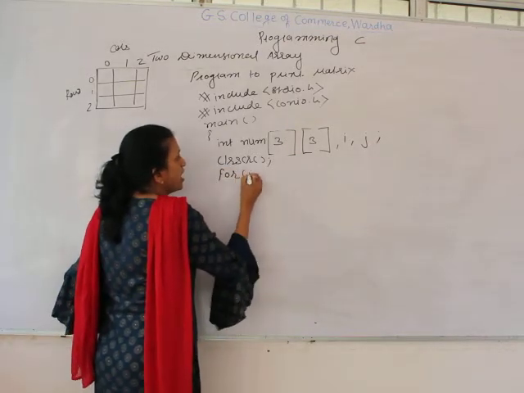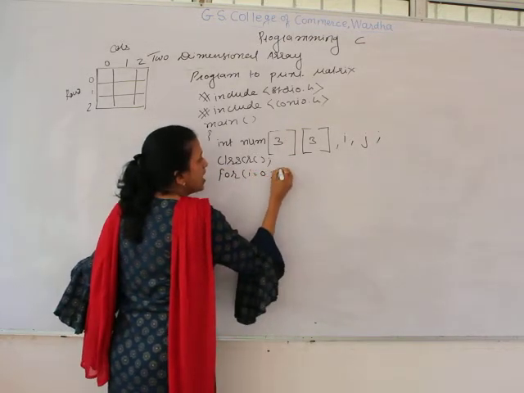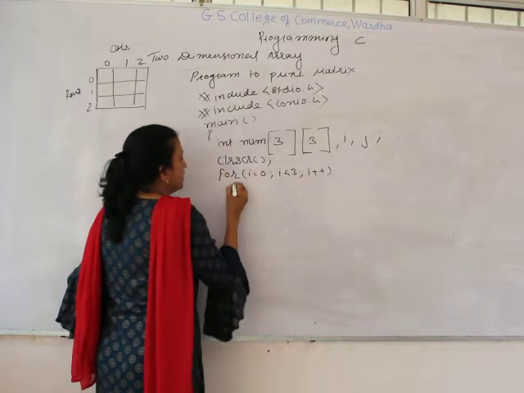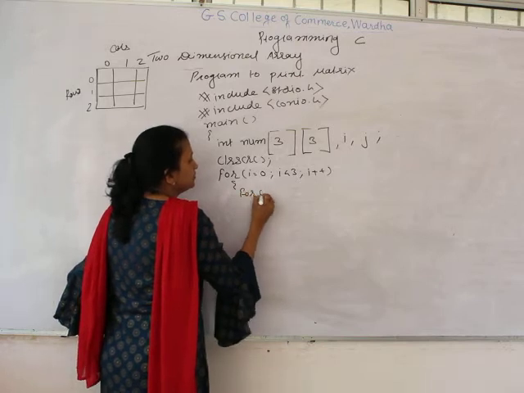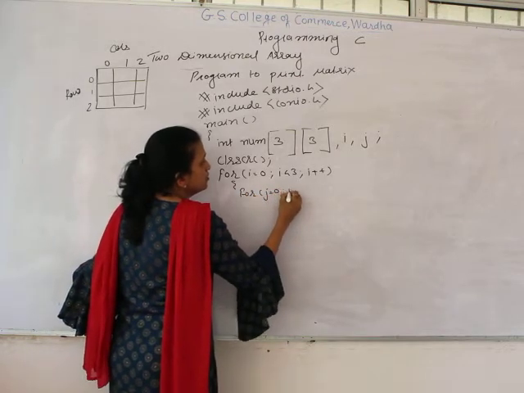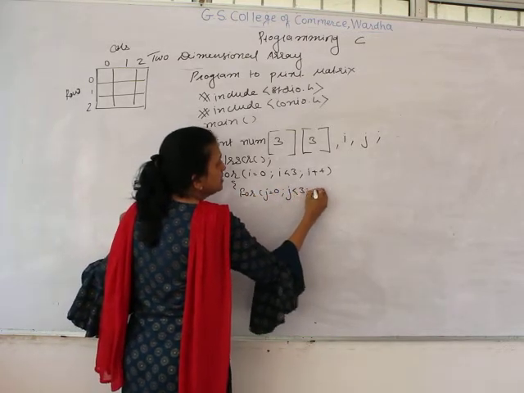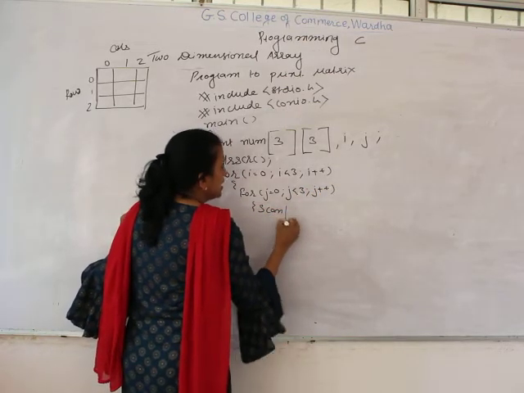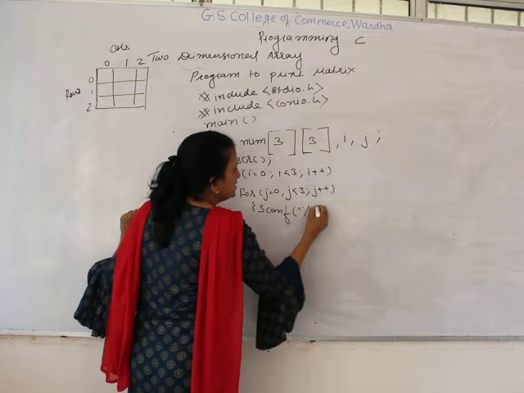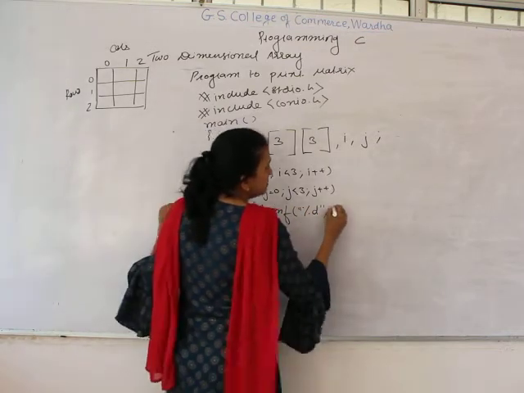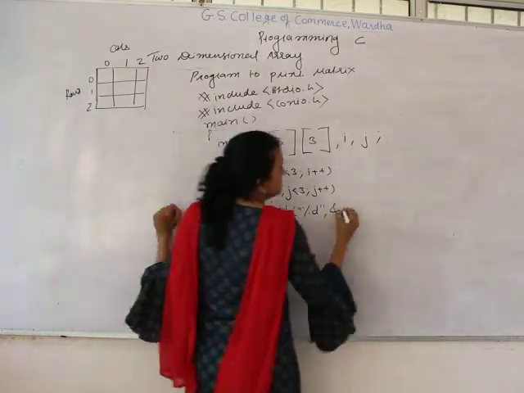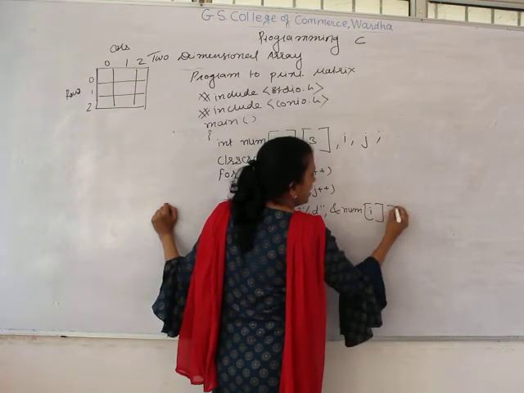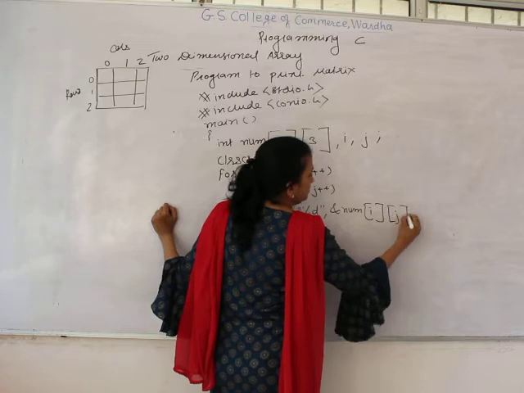So for i equals 0, i less than 3, i plus plus. For j equals 0, j less than 3, j plus plus. Here I am taking scanf %d, and the variable name is num of i and j.